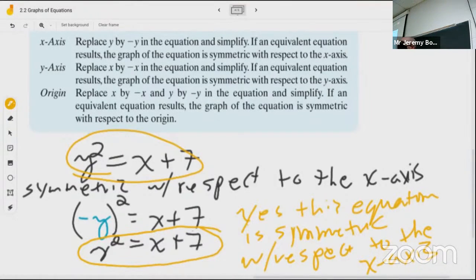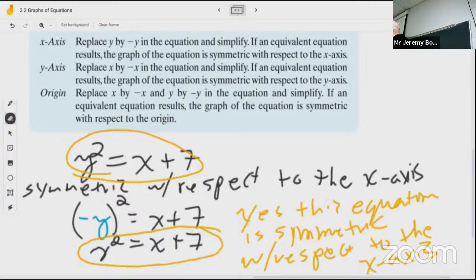Any questions on that? So that's what you're trying to find. You're trying to get to the same equation or an equivalent equation to what you started. If you can get there, then yeah, it's symmetric with respect to that axis. If not, then it's not. Any questions on that?